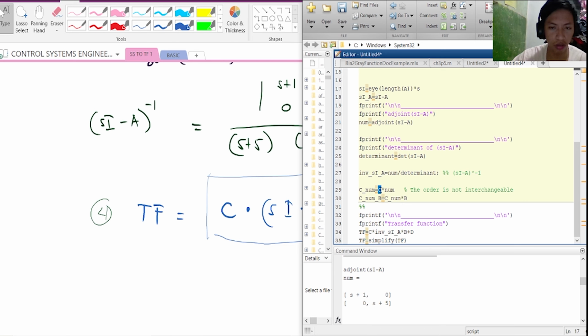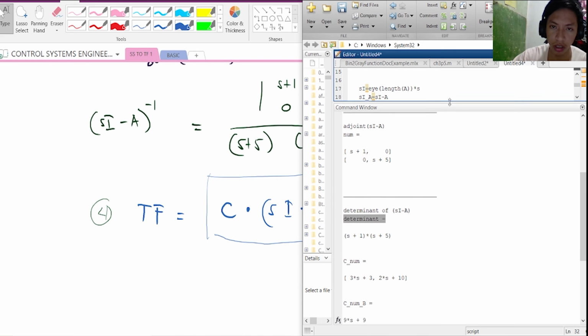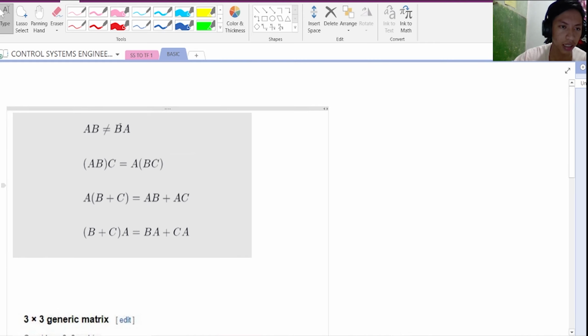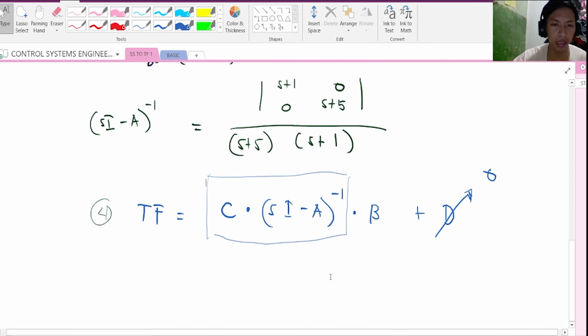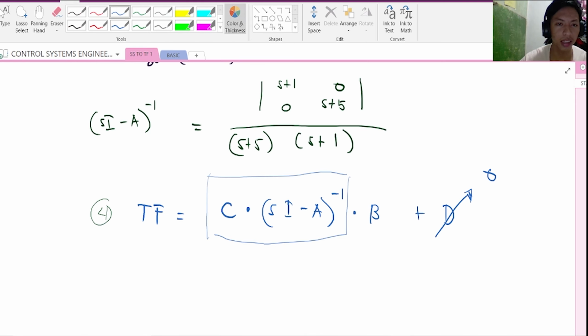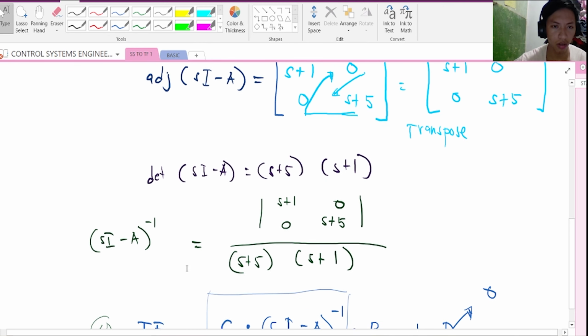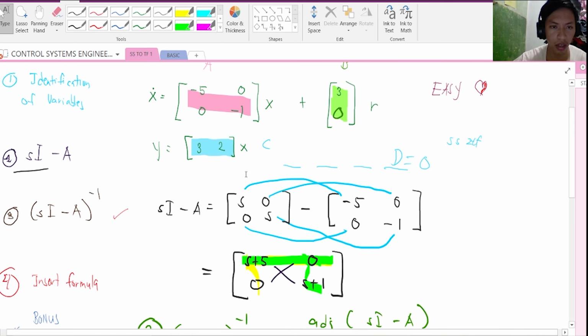If you swap the places or interchange this, MATLAB will give you an error because this is not equal. So be aware of that. With that being said, let's go and solve. So our C would be this one.